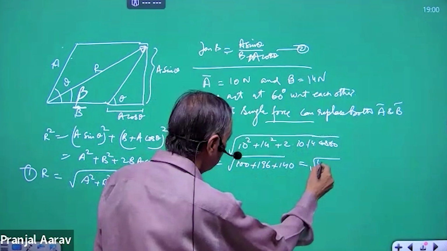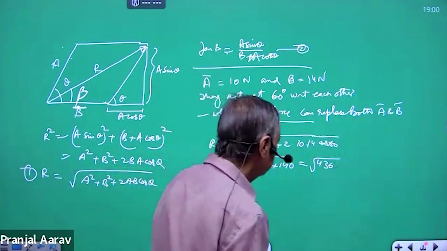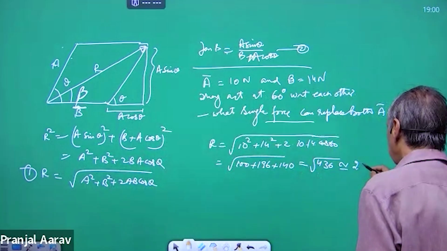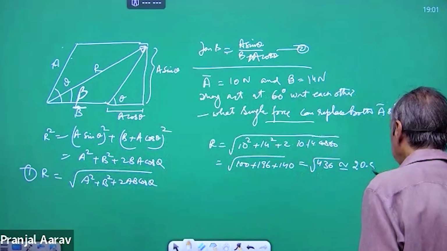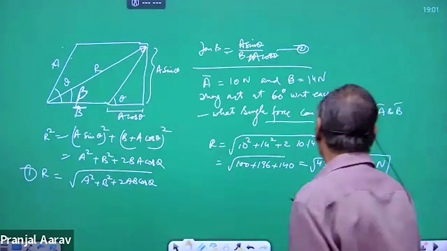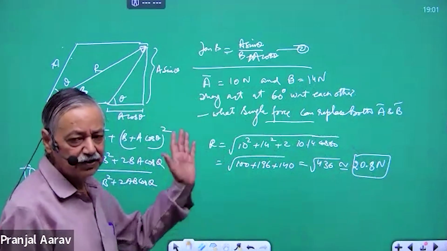R is equal to root of 436, which is approximately 20.8 Newton. So you have got this one thing.